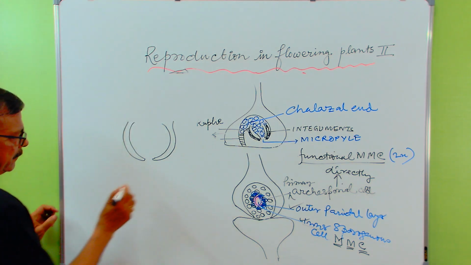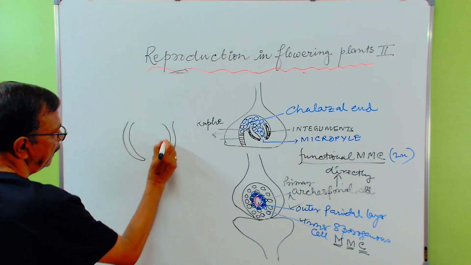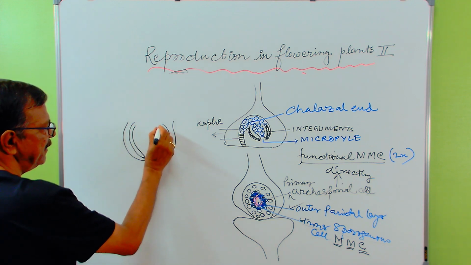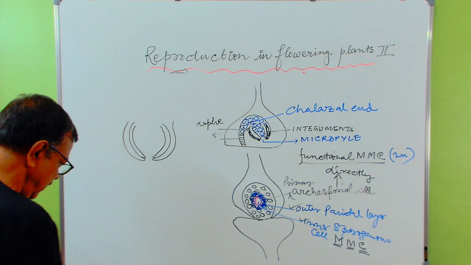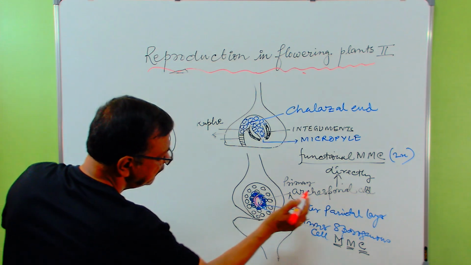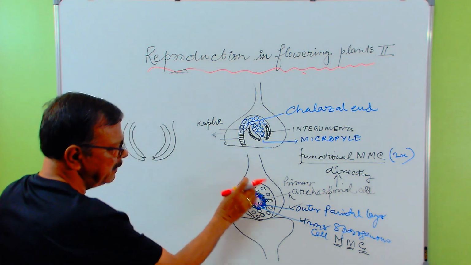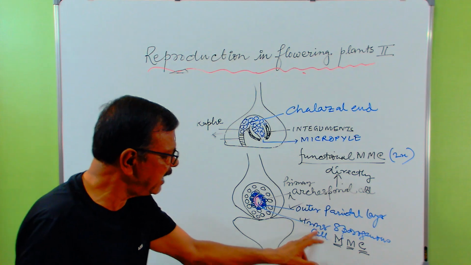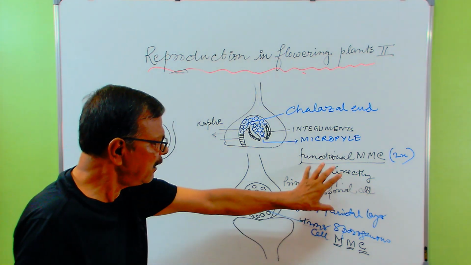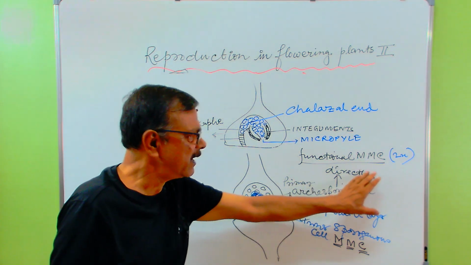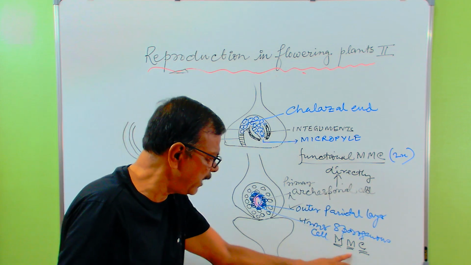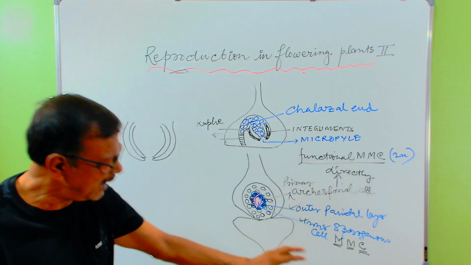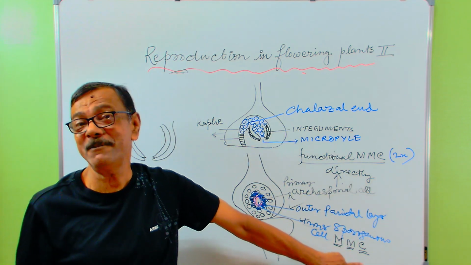This is outer, this is inner, micropyle. Here we see that the megaspore mother cell may be divided into outer and inner, or it may not get divided, but somehow or other it functions as the megaspore mother cell. So you can write that come what may, we are getting the megaspore mother cell.